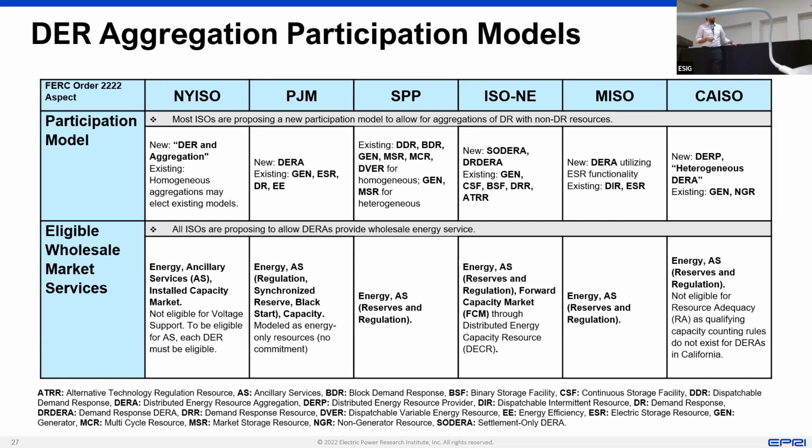But also lots of other differences on things like what services they're eligible for. In some cases, can they aggregate across transmission nodes, or do they have to be located in the same region or under the same transmission substation? They may have had size limitations.